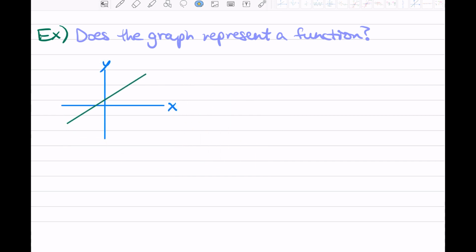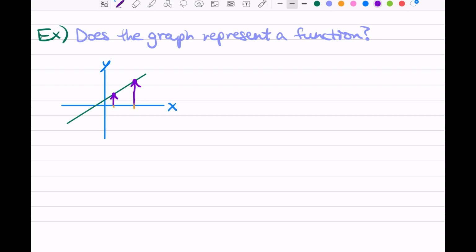So does this graph represent a function? So can we say that each x is associated with one y? Let's pick some x's. We can use this graph to figure it out. Let's pick an x right here, and let's see our y. We pick an x here, and we're associated with this one y. We pick another x, and that's associated with one y.